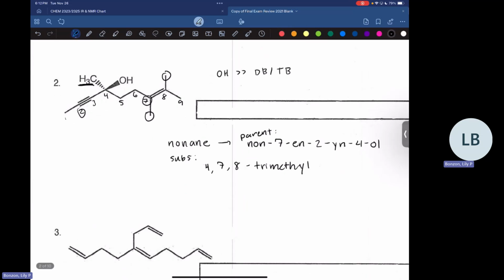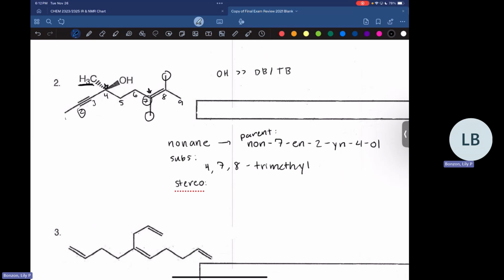So now that we're done with our substituents, we move on to stereo. So for stereo, we don't assign any stereo for the triple bonds. We do have an alcohol at a chiral center and a double bond starting at carbon 7 that we'll have to look at for stereochemistry.